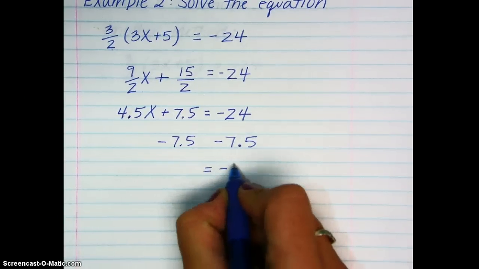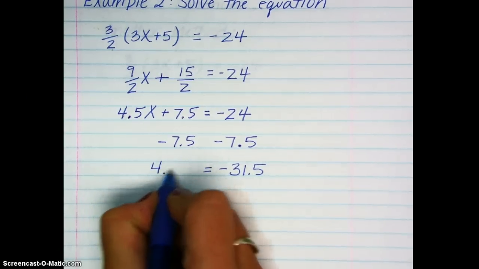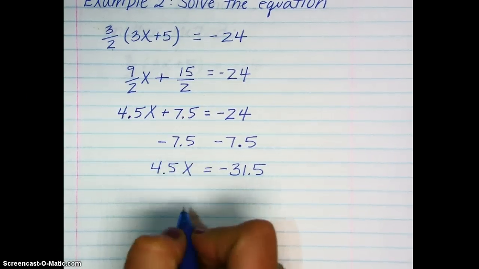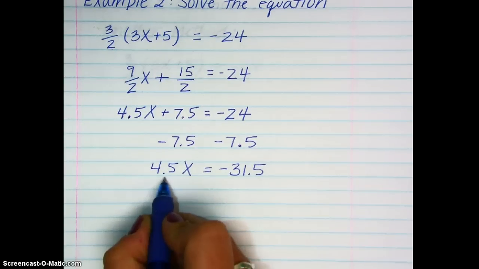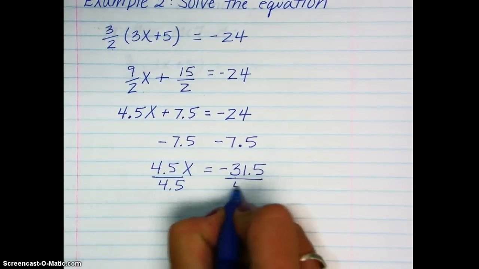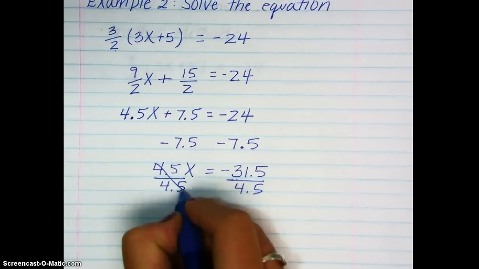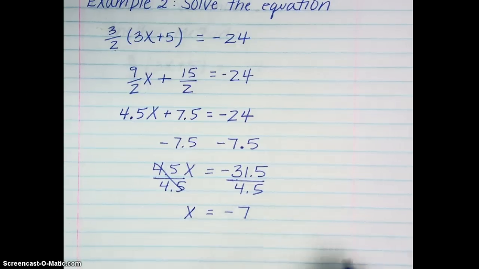It's going to give us negative 31.5. We have 4.5x on this side. And so to eliminate the 4.5 so that x is by itself, we divide both sides by 4.5. This will cancel, leaving me with x is equal to negative 7.